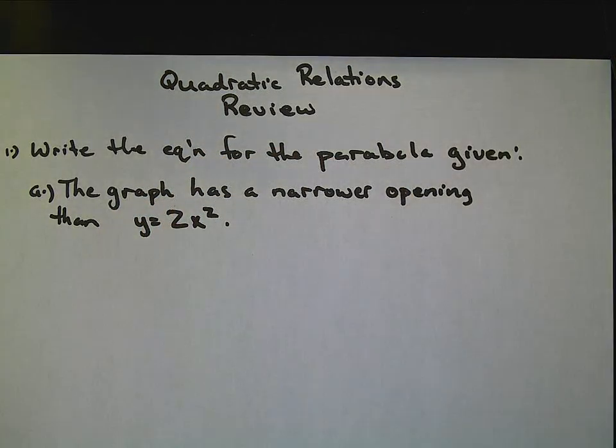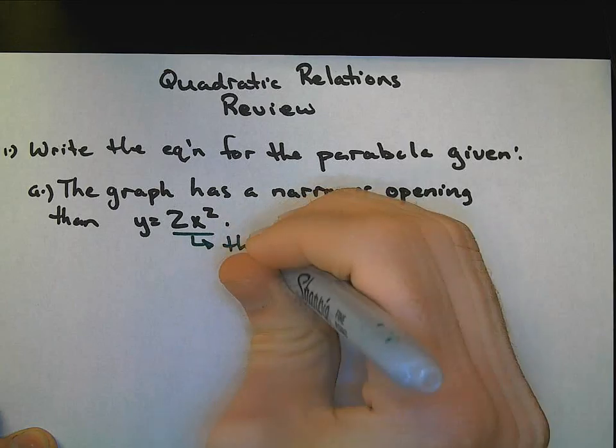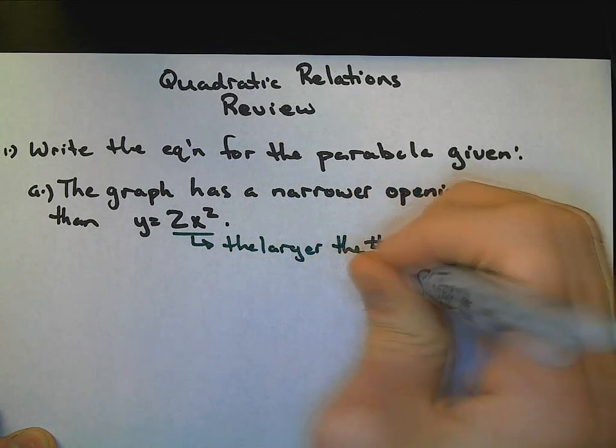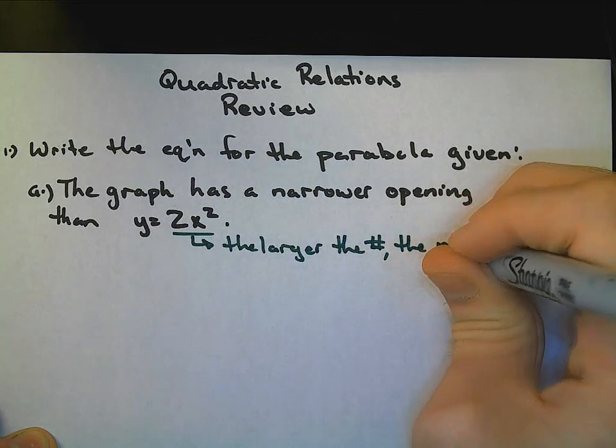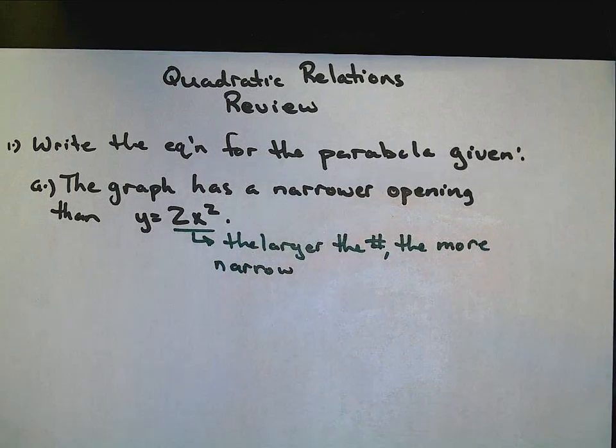And the key thing to remember for that is that the larger the number, the more narrow the parabola will be, because that will be a vertical stretch.